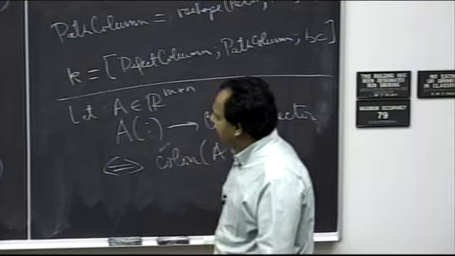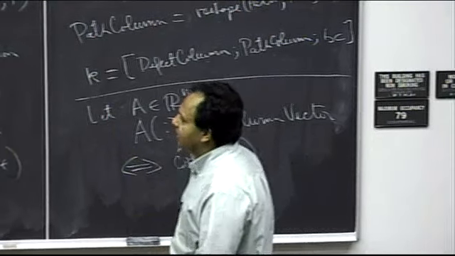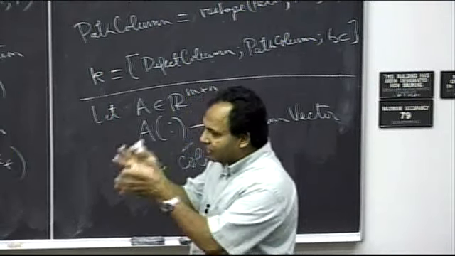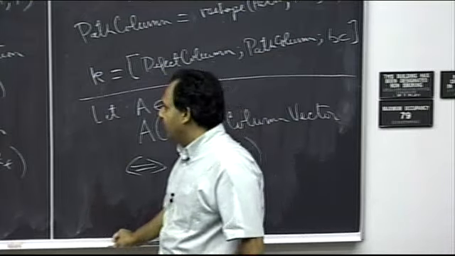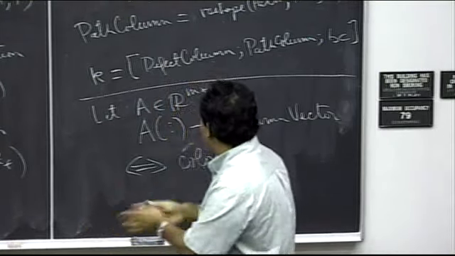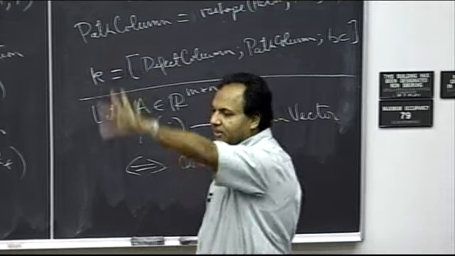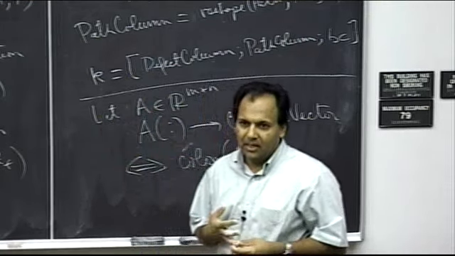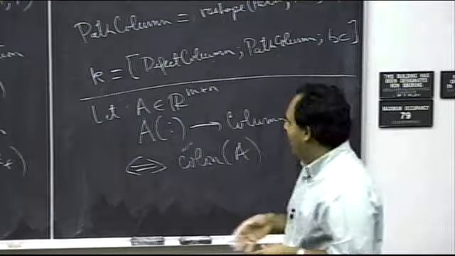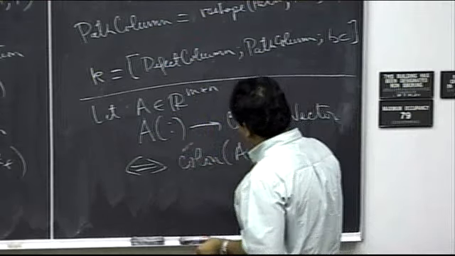All of these things have terminology in MATLAB. There's an actual word associated with this. You don't have to use the symbol. That symbol actually is a function somewhere in the MATLAB code that does that operation. So A of colon is the same thing as saying colon.